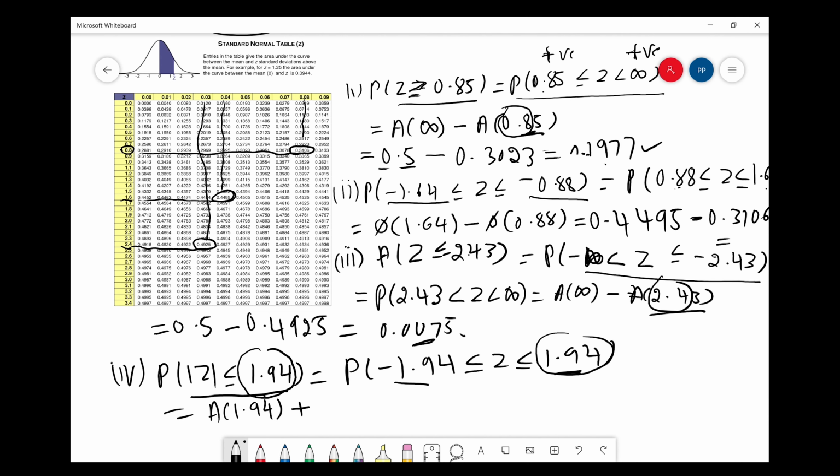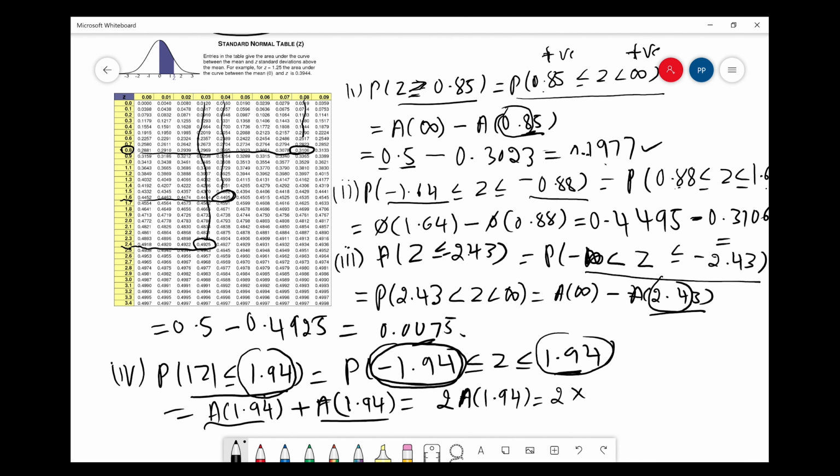Here it is negative to positive, so A of upper limit plus A of the absolute value of the lower limit, which is always negative. The absolute value removes the negative sign, so you get 1.94, which is positive. Now both are the same, so you can write twice A of 1.94.